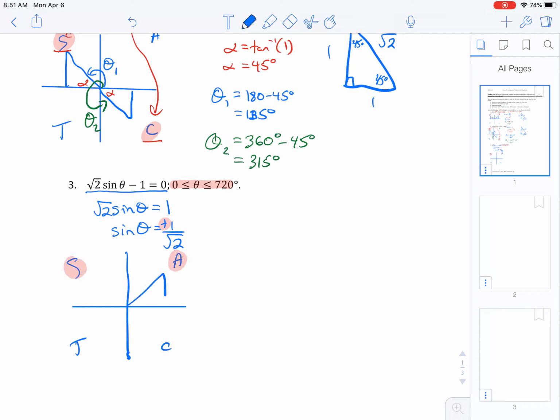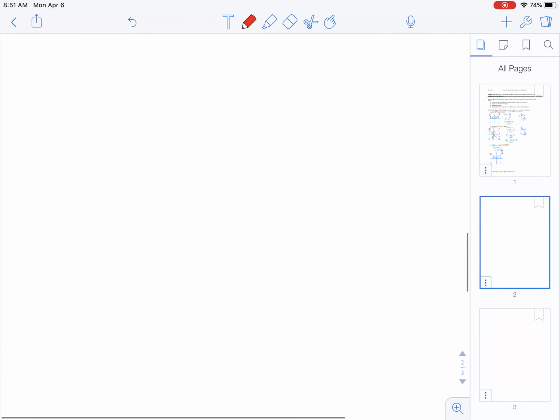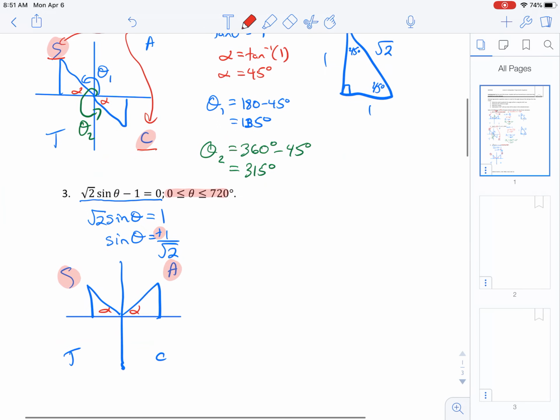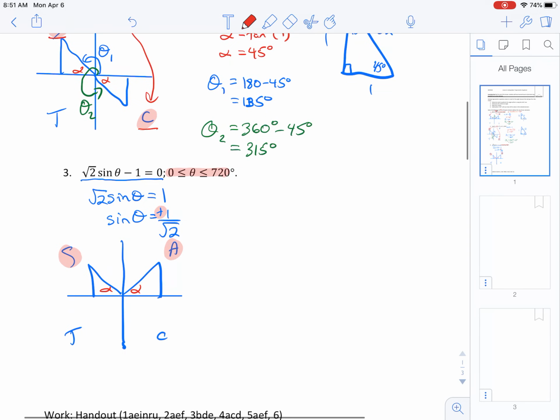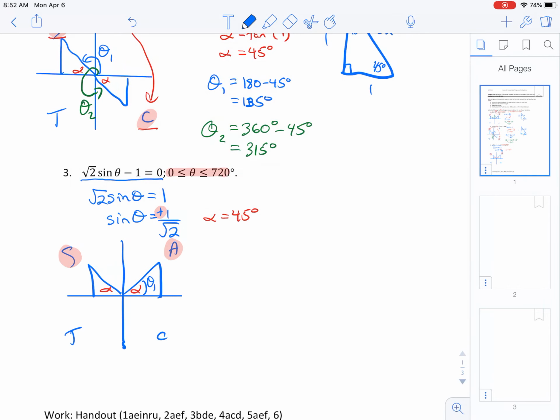So again, sine is positive up here in the top. And so I can draw this in. All I need to do is figure out alpha. So in this case, 1 over √2. Again, if I go back to this triangle here, 1 over √2 relates to 45 for sine. And so alpha is going to be 45 degrees.